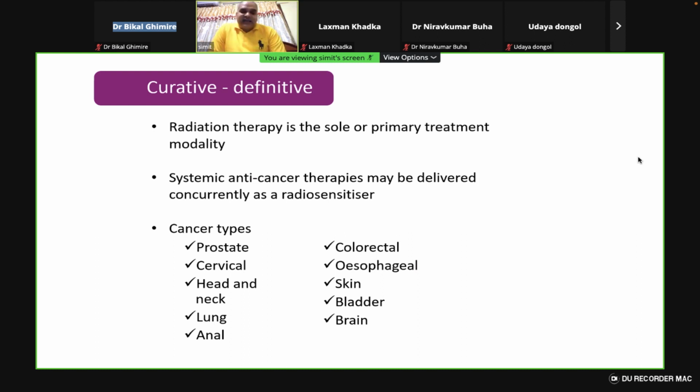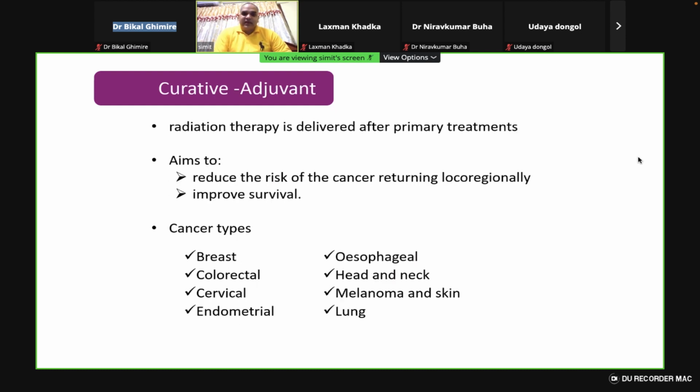There are some sites where definitive radiotherapy is given, like prostate, cervix, head and neck, lung, anal cancer, in some cases of colorectal, esophagus, skin, bladder, and brain. Here, radiotherapy is the sole modality, with sometimes adding of chemotherapy as a radiosensitizer. So it's an example of definitive treatment.